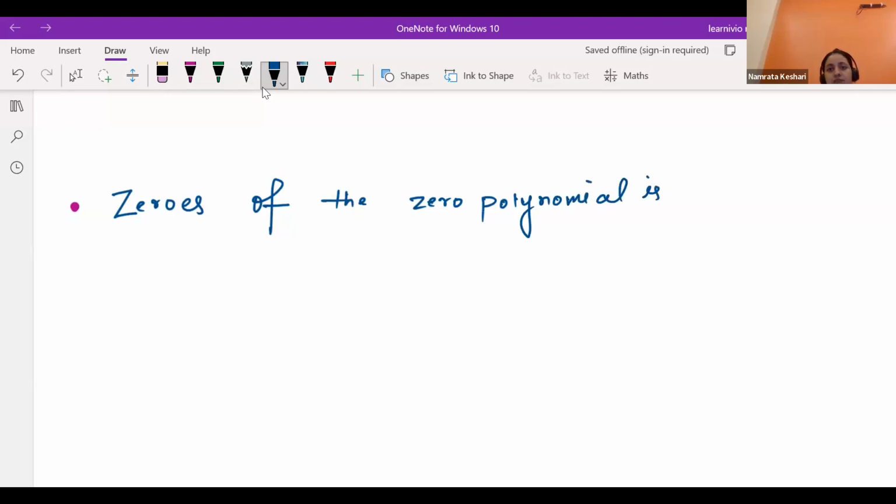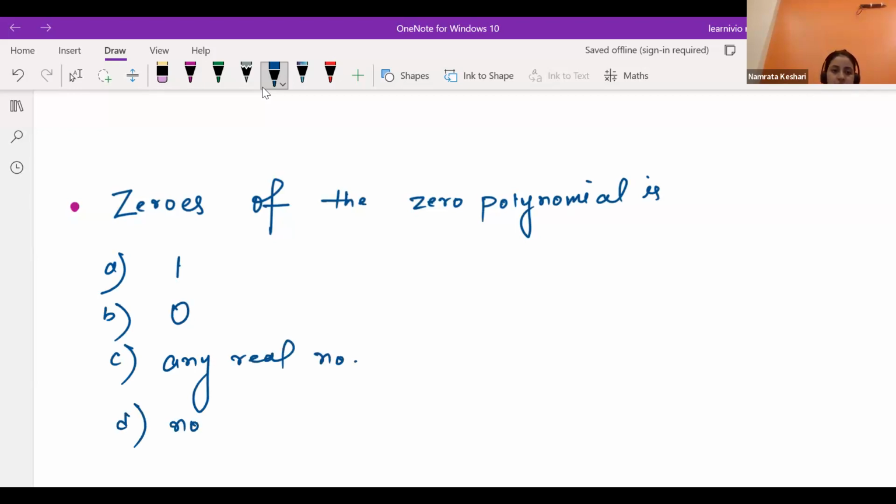Options are: 1, 0, any real number, not defined. Think about it and let me know.